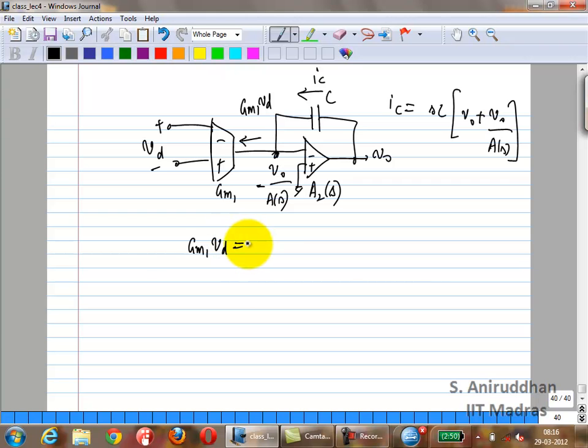So you just have to equate these two guys. Current drawn through G?